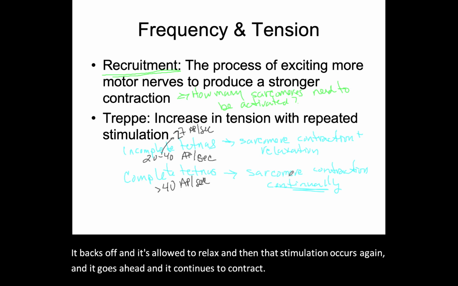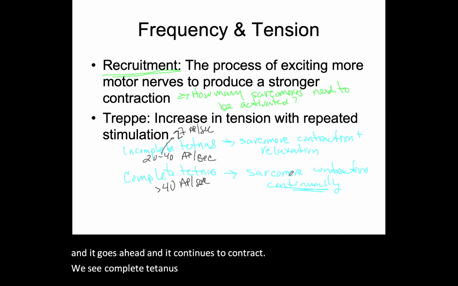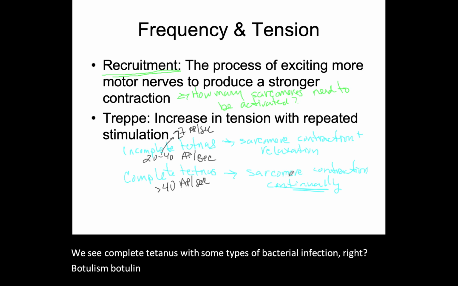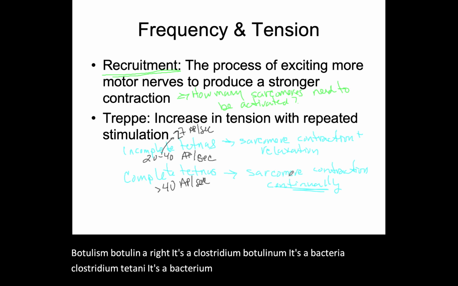We see complete tetanus with some types of bacterial infection. Botulism, Clostridium botulinum, is a bacterium. Clostridium tetani is a bacterium. It causes muscle seizures.